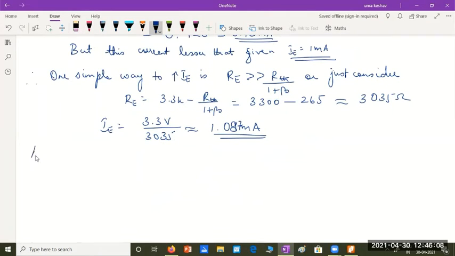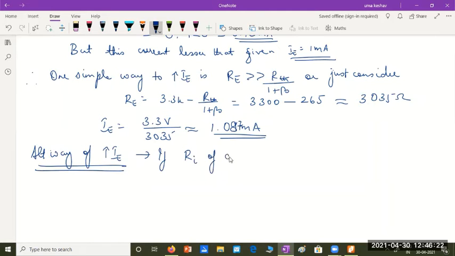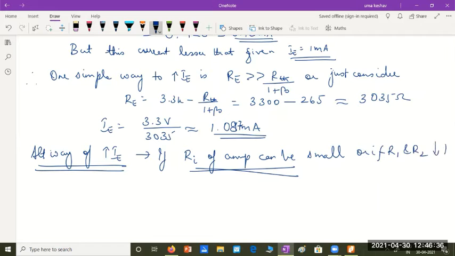But there is an alternate way of increasing IE, and this turns out to be better if input impedance of amplifier can be small. If I can have input impedance of amplifier to be small, or if R1 and R2 can be small.